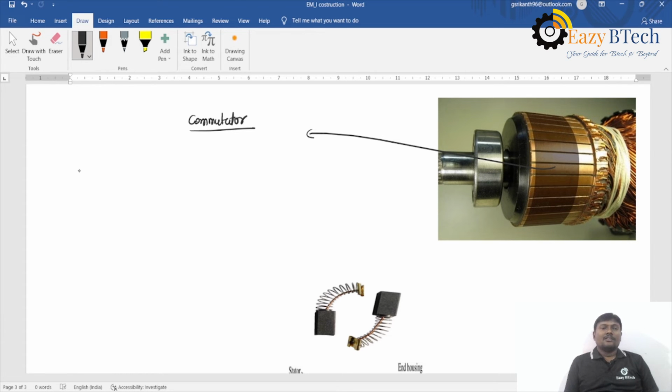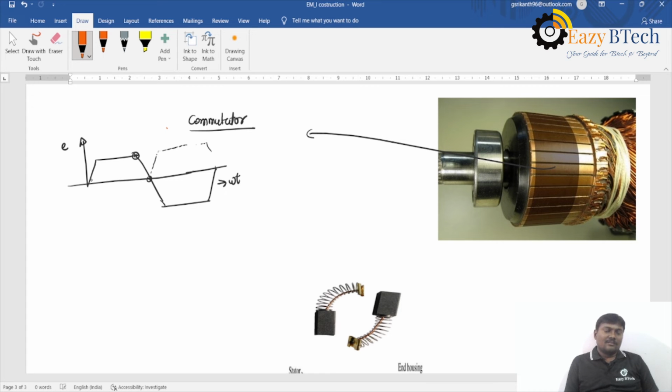So what is a commutator? This part is called the commutator. Generally we prefer the flat topped waveform rather than the sinusoidal waveform for the generated wave in an armature conductor.